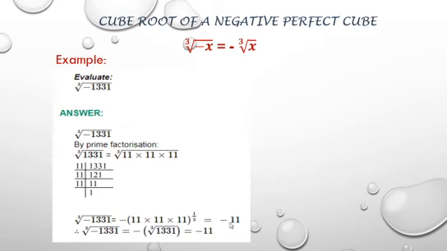Rest we will do the same. Here we will make the triplets as one number, and out of these 3 numbers 11 we will take it out. So our answer is minus 11. So cube root of minus 1331 is minus 11.